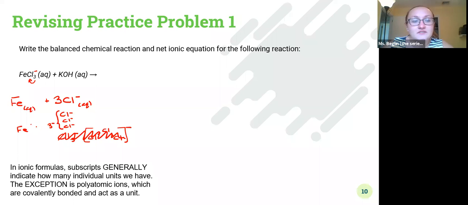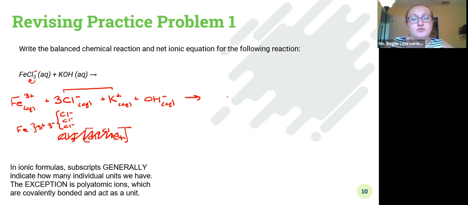My total positive charge must be +3 to balance it out. So my Fe is going to have a +3 charge. Plus potassium, which always forms a +1 charge, and our hydroxide, which we should recognize as a polyatomic ion, that always has a -1 charge.